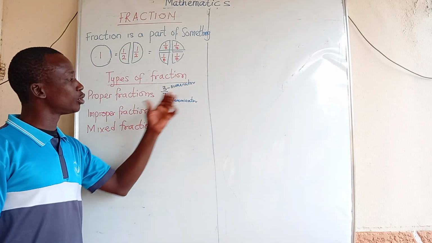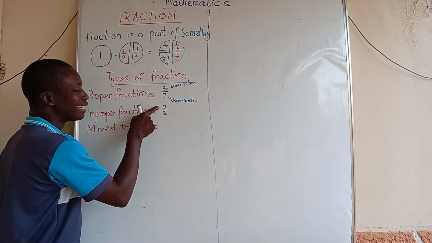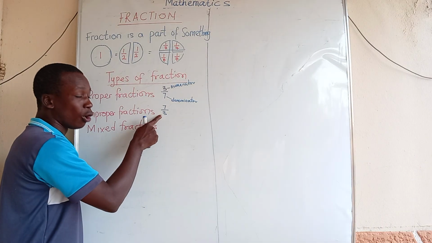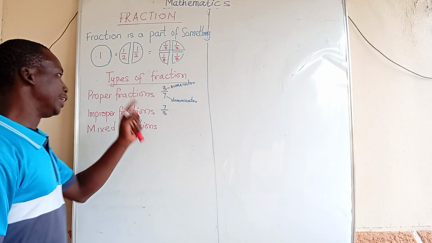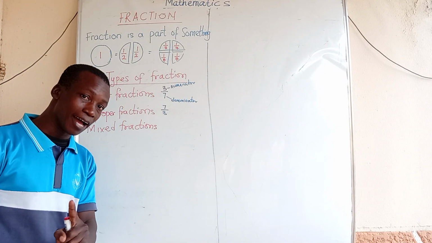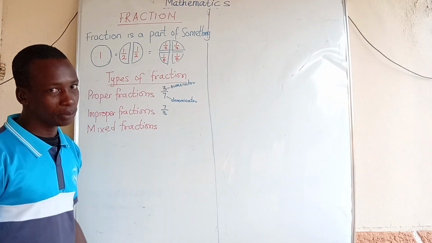Therefore, we say such fraction is proper. But when the numerator is greater than the denominator, such fraction is no more proper. For a fraction to be proper, the numerator must be lesser than the denominator.